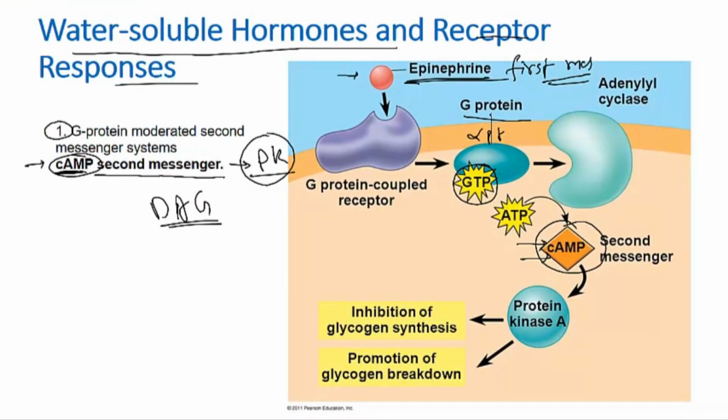This G protein associated with GTP activates another membrane associated protein, an enzyme known as adenylyl cyclase. Now once adenylyl cyclase is active, this enzyme can convert ATP into cyclic AMP. So once cyclic AMP is produced, this is the second messenger. Now the cyclic AMP acts as a second messenger and activates kinase type of proteins inside the cell.